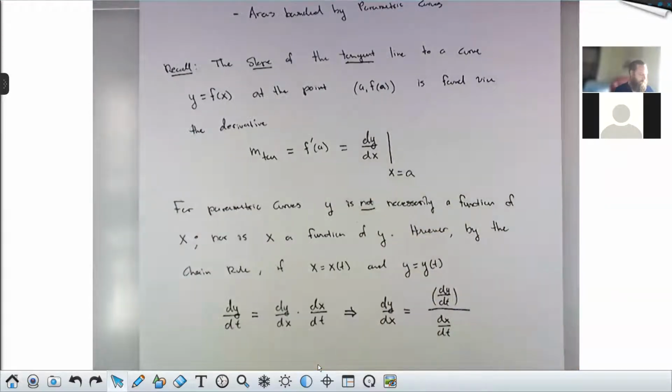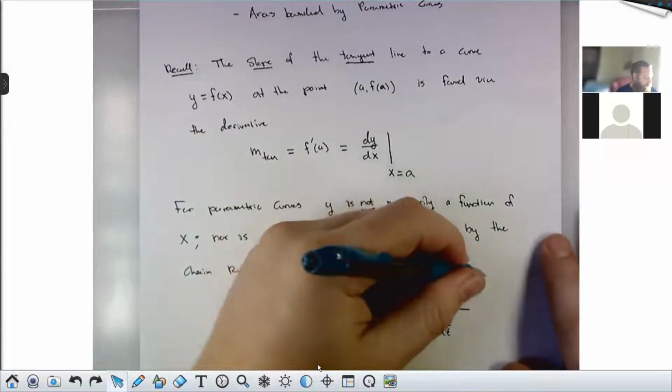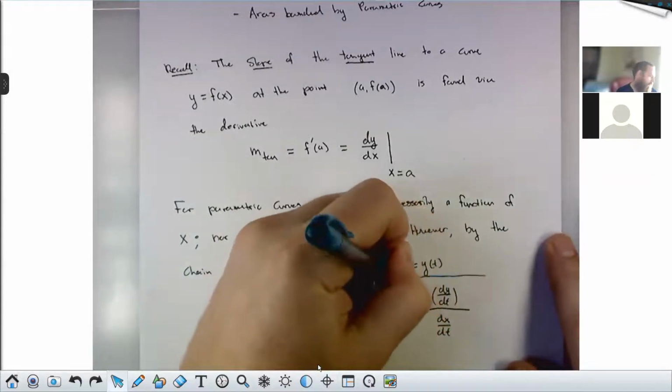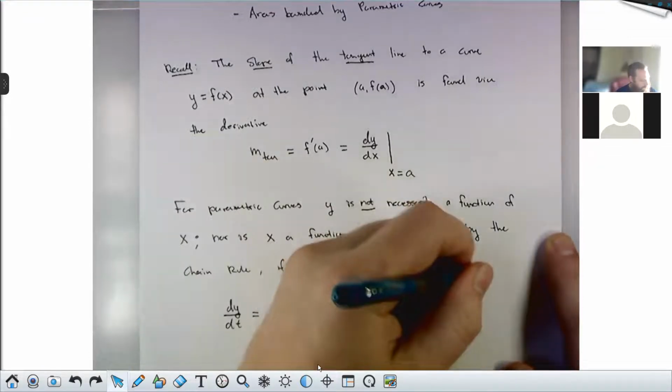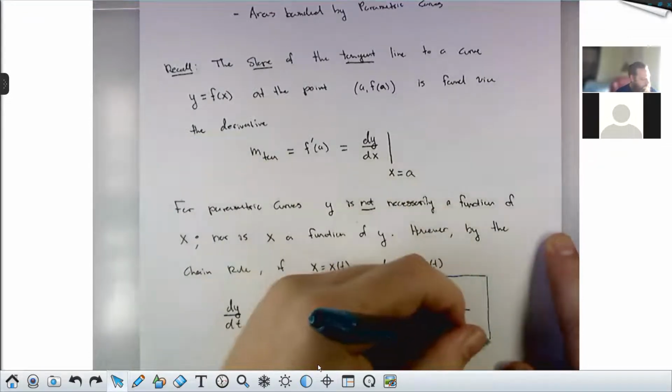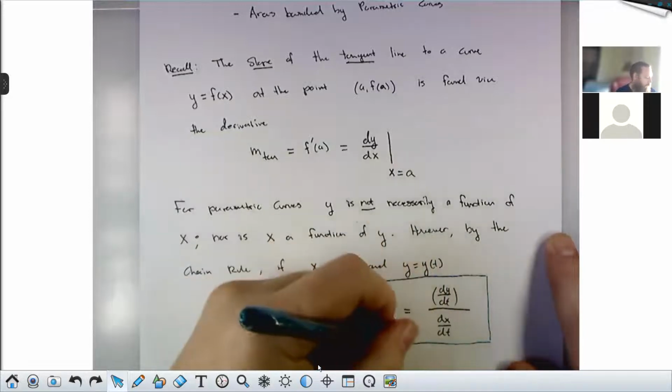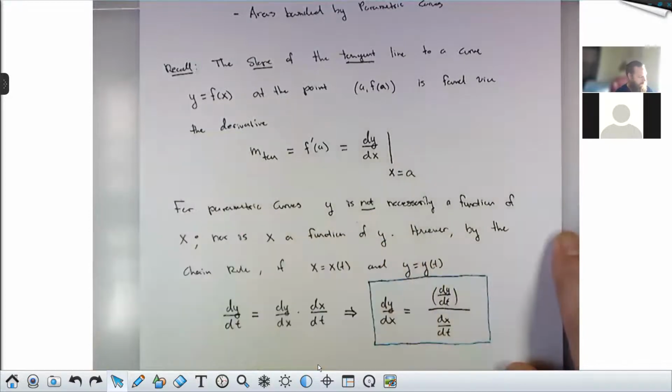And this was the formula that I gave you guys on Wednesday. I suppose I should put that dx dt in parentheses as well.